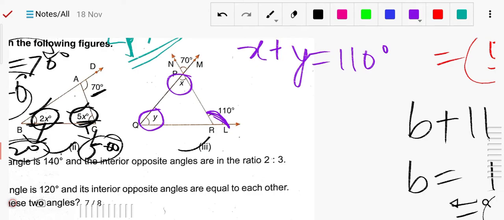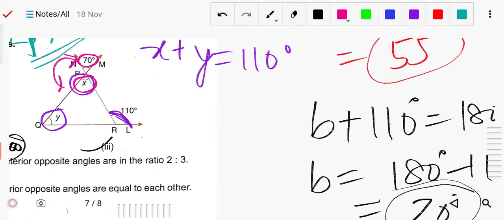So you can see here this y, this 70 and this x. These two angles have a relation. What is the relation? x equals 70 degree. Why? Because these two are vertically opposite angles.